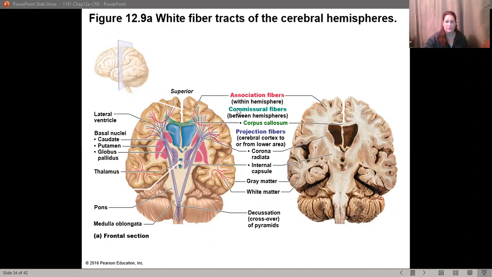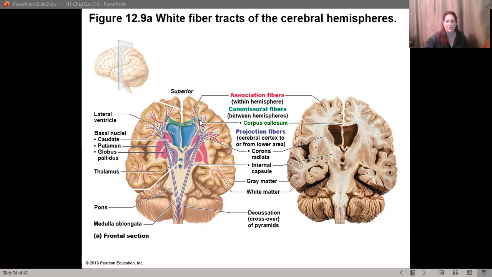So this picture shows association fibers. They're going to stay within the left hemisphere or within the right hemisphere, and they will just go from one area or one lobe to another within the same hemisphere. Commissural fibers, such as the corpus callosum, shown here, are going to connect the right and the left hemisphere. And then we have projection fibers.